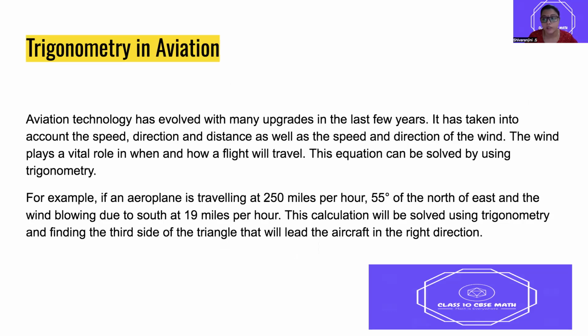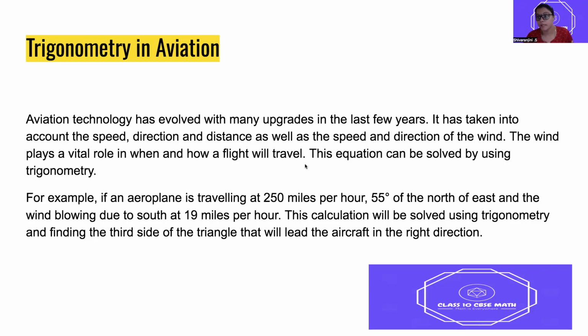Aviation is another field which is evolving right now. Aviation refers to calculating the amount of speed, direction, and distance as well as the direction of wind. So wind is actually a crucial element in flight travel, right? All the time we do not have the same type of wind. Sometimes the winds are very high, sometimes the winds are very low.